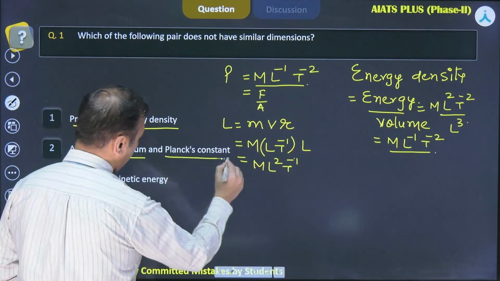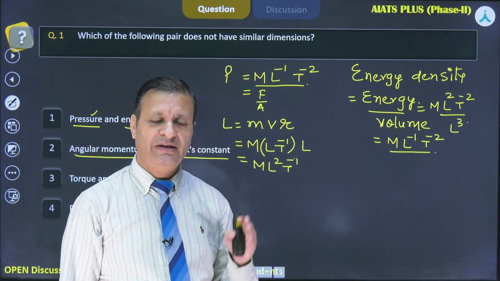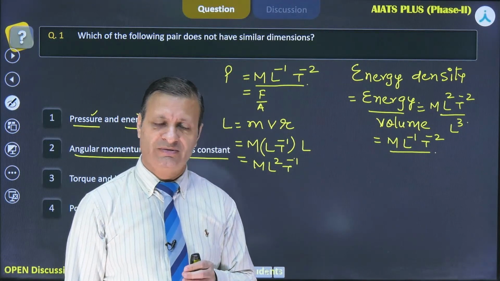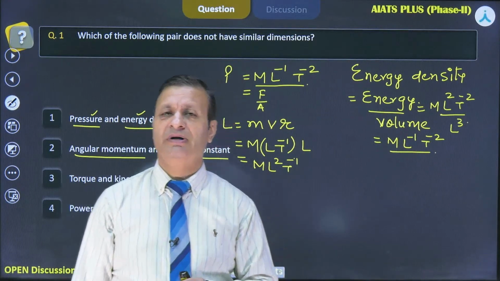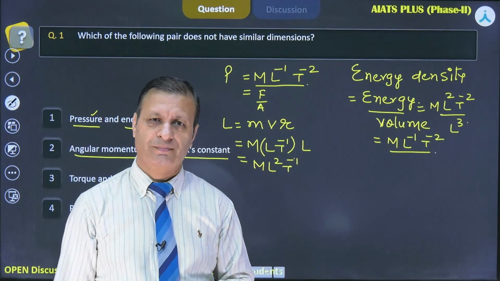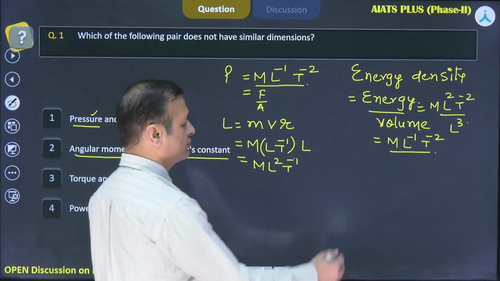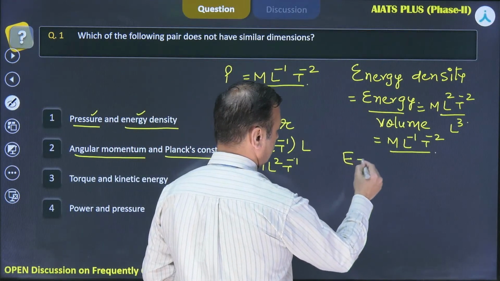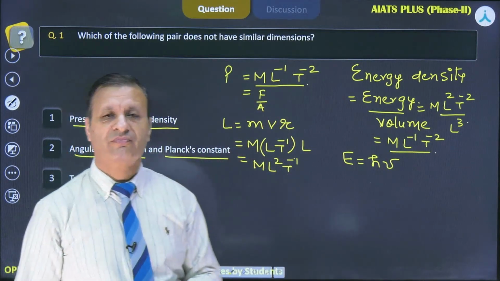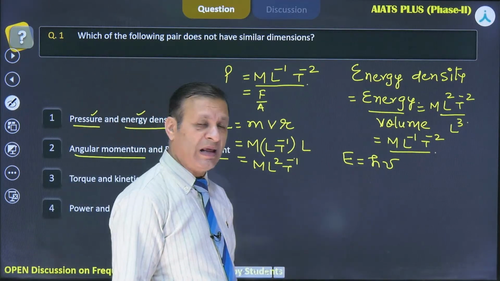Now we have Planck's constant. Do we have any relation that gives you the expression for Planck's constant? If you can remember any formula which involves Planck's constant, the easiest of all is E = hν, that is the energy of a photon. This h is Planck's constant.